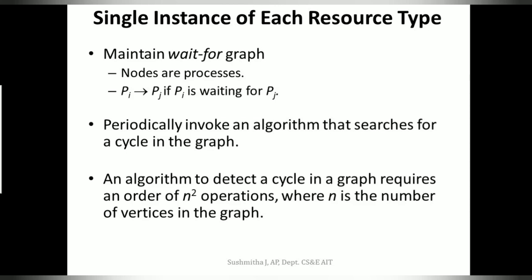Now for a single instance of resource type, we use a wait for graph to detect if there is a deadlock.